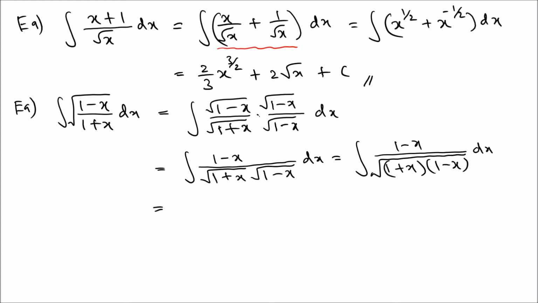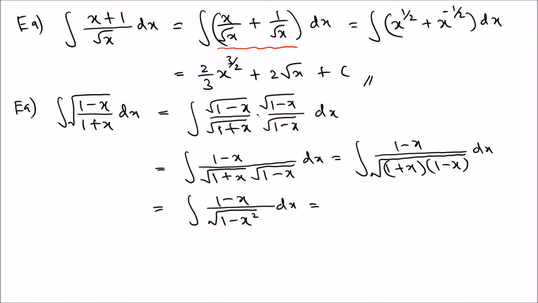And now you can see the bottom simply becomes 1, using the difference of squares formula. So once you use the difference of squares formula, this is going to be 1 minus x over the square root of 1 minus x squared, dx. Now what we can do is split them into two integrals.